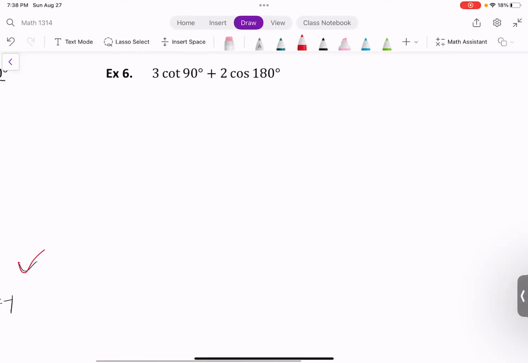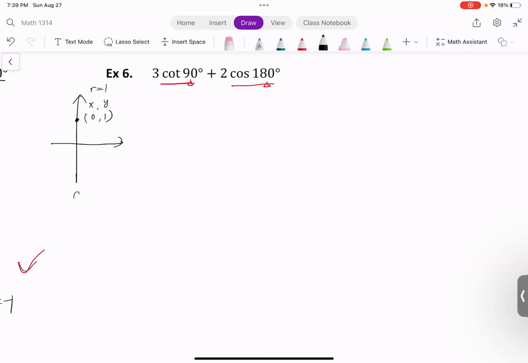How to find the cotangent of 90 and the cosine of 180 degrees? Let's look at the angle first. 90 degrees, where is it? It's here. So the point coordinate is 0, 1. So x equals 0, y equals 1, r equals 1.